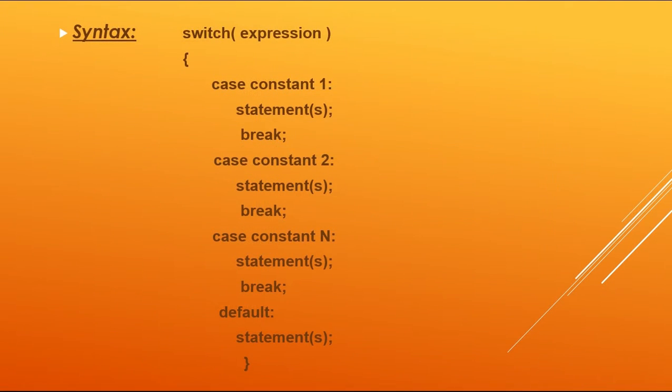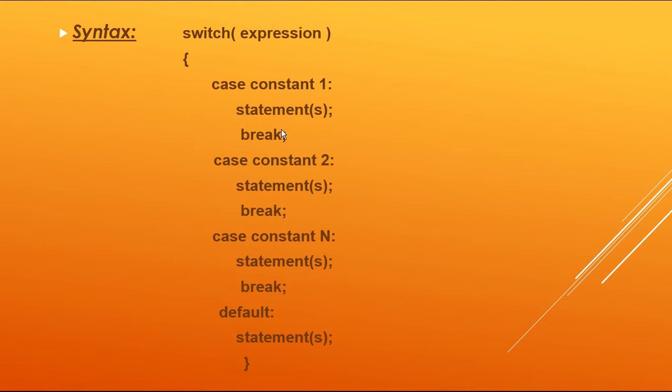So how does the switch statement actually work? The switch statement compares the result of a single expression with multiple cases. The expression can be any valid expression that results in an integer or character value. As we write the constant 1 as an integer and 2 up to n, we can also write a character in quotes, like case 'A', case 'B' in quotes, and so on.